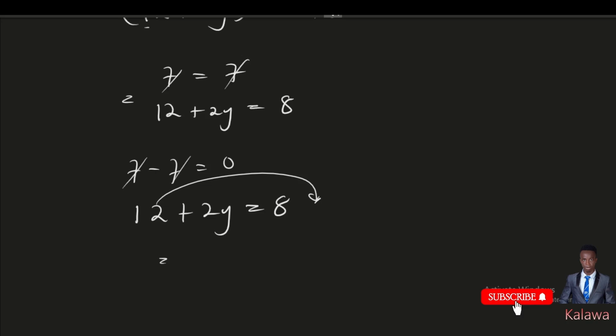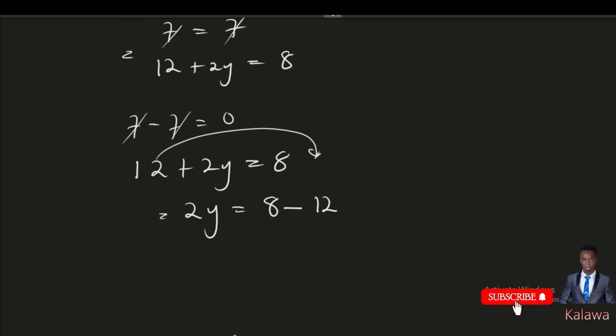So this is going to give us 2y equals, remember 8 is already here, and if we are transposing 12, it is going to be minus 12. I hope you understand this. So 2y equals 8 minus 12. Remember, the bigger number carries the sign. So obviously it's minus 4, because 12 is greater and the sign of 12 is minus. So 8 minus 12 is 4, but the bigger number carries the sign, so we say minus 4.